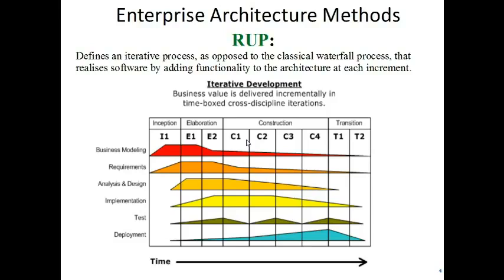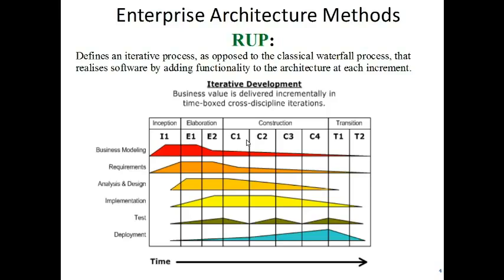This methodology is basically constructing and defining an iterative process as opposed to a classical waterfall process. Some of you that are very familiar with software engineering and the software development life cycle know the classical waterfall process. It realizes software by adding functionality to an architecture in an incremental manner.